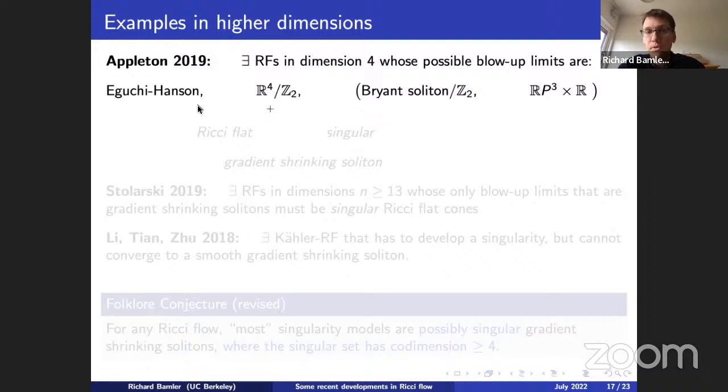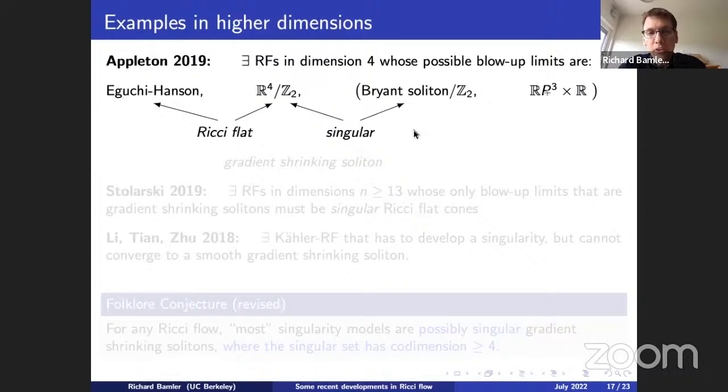So this has an orbifold singularity at the origin, or similarly the Bryant soliton modulo Z2, or the quotient of a cylinder. So these two spaces here are Ricci flat. These two spaces are singular. They have an isolated orbifold singularity.